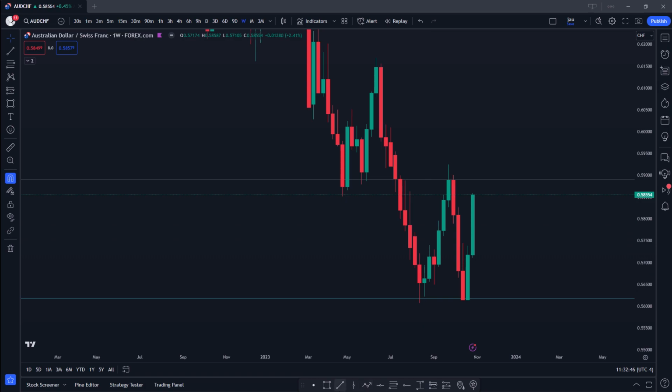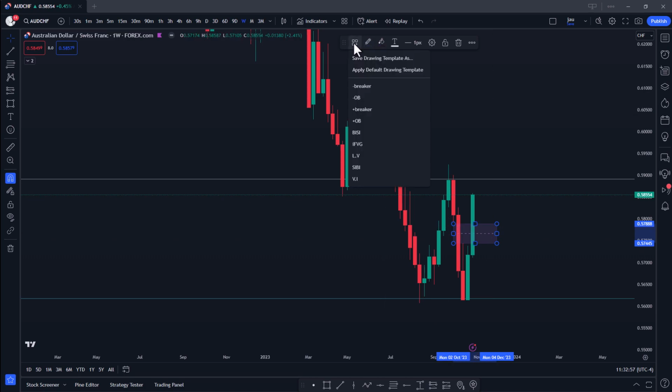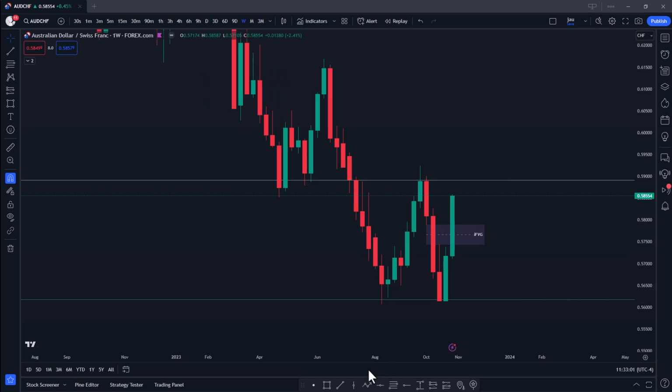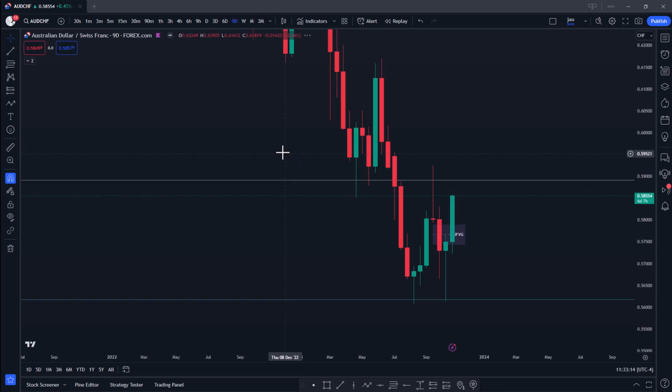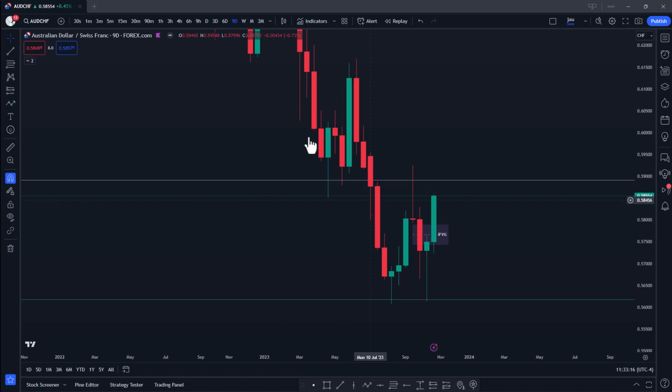We have a CB, a fair value gap in the form of a sell side imbalance here, and we can see price just broke through it like it does not exist, making this to me an inversion fair value gap, right? So that means if price ever returns to it, I would look to see if it could be used as support for higher prices. So I am bullish so far in these markets, right? Let's go down to lower time frames and see if we could potentially see anything else.